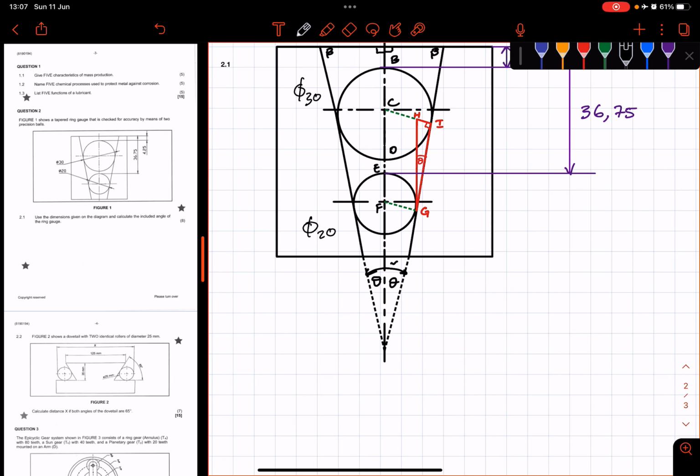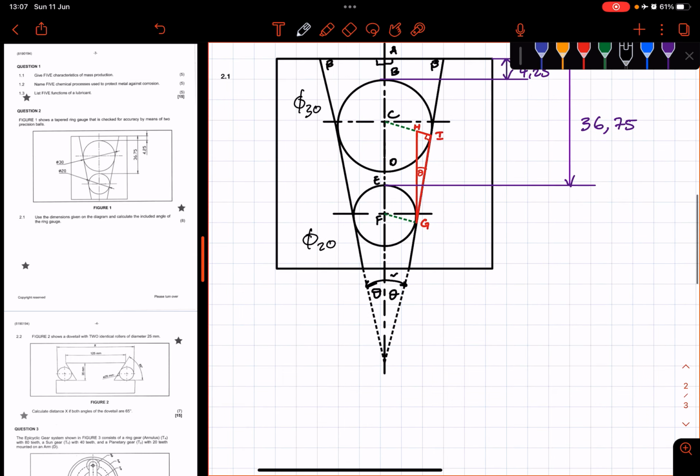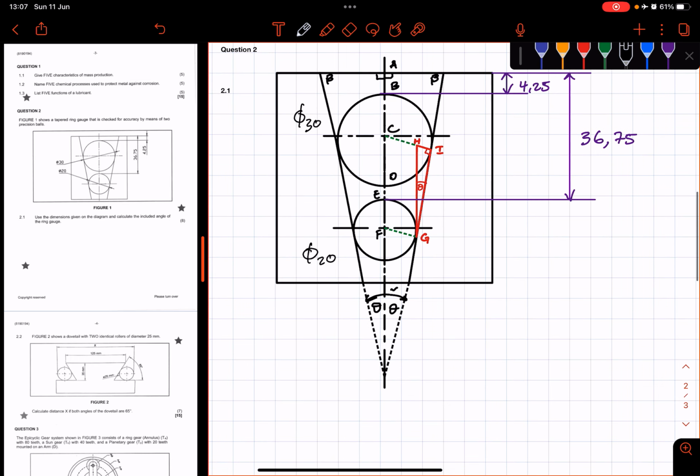So first, let's calculate CF. Now, CF is a part of which algebraic expression? CF is a part of the AF algebraic expression. What is AF equal to?